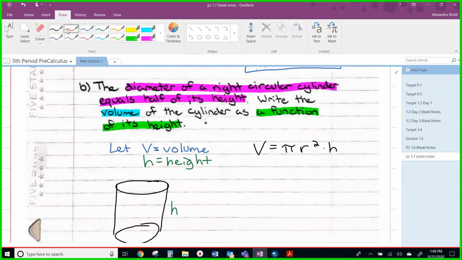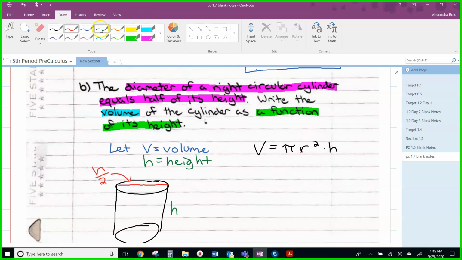So remember, the diameter of a circle goes all the way across my circle. So this whole red line is half of my height. So I am going to represent that by height over 2. Right? So my diameter is half of my height. But my diameter is not my radius, so I'm still in a little bit of trouble here. I can't plug in h over 2 for my radius.